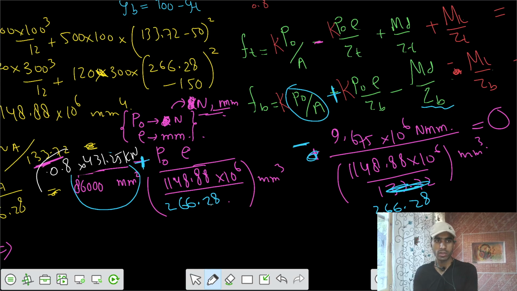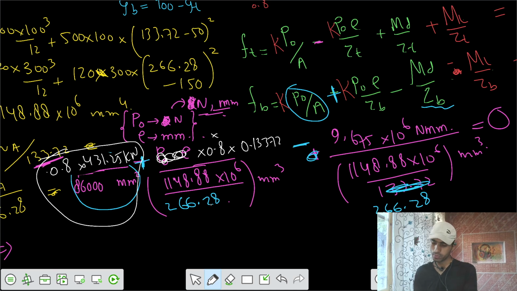This is the first part, that is K times P naught by A. Second part, we multiply by 0.8, and substitute the value of E, that is 0.13372, and the value of P as 431.25 kilonewton. The rest of the thing is the same.